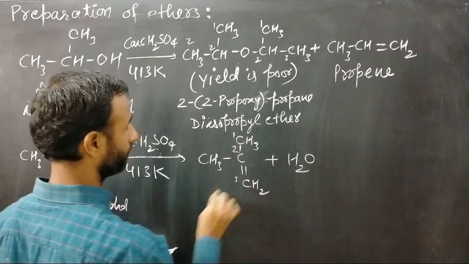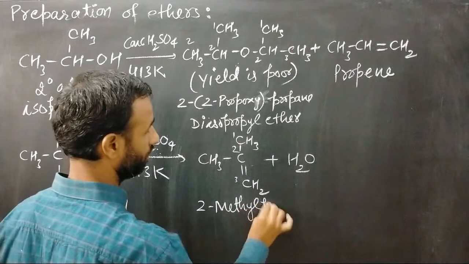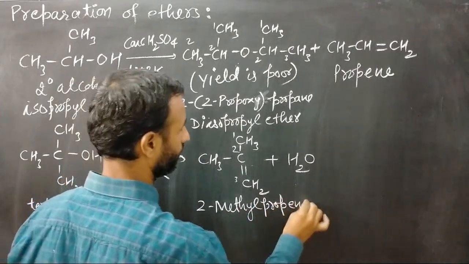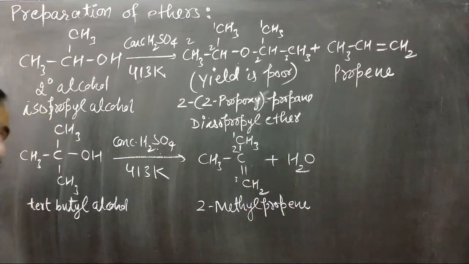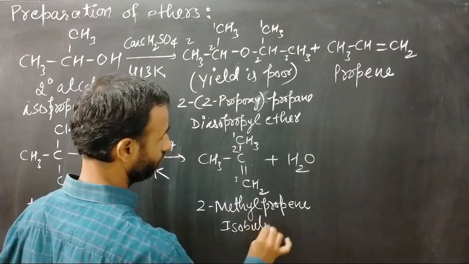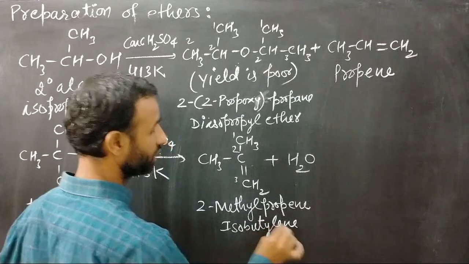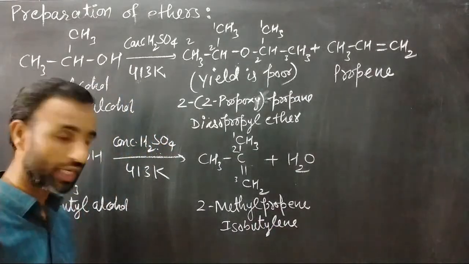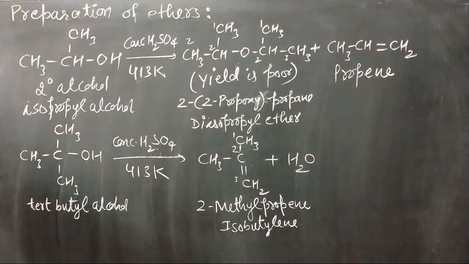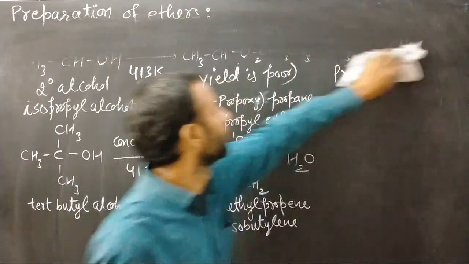Good. It is 2-methyl propene. Okay. Or common name, it is isobutylene. Its IUPAC name is 2-methyl propene or isobutylene. Is it visible? Yes.